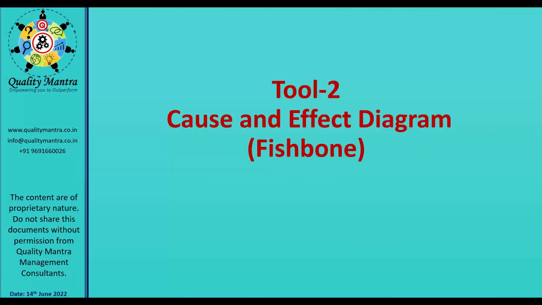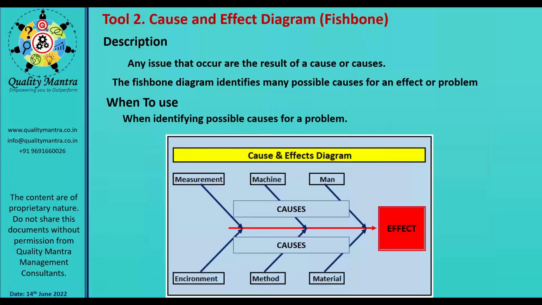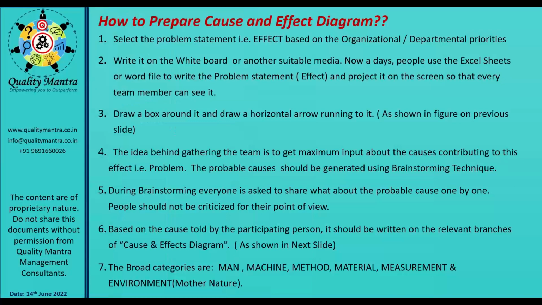Then tool number 2, that is cause and effect diagram, or you can say Ishikawa diagram or fishbone diagram also. This is basically used to find out various causes which result in an effect or problem. To find out the probable causes, we use this cause and effect diagram. We have seen how to prepare that.